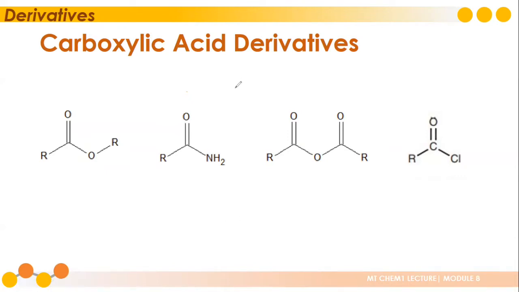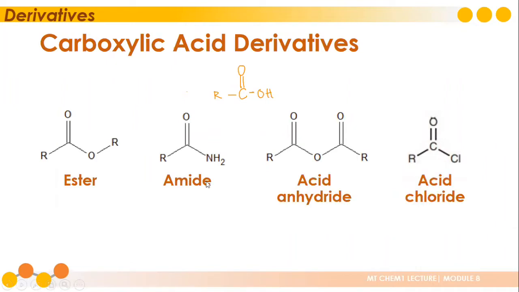So that we can compare these derivatives to the carboxylic acid functional group itself, let's write the carboxyl functional group, which is carbon double bonded to O for the carbonyl, and then we have a hydroxyl attached to our carbonyl carbon atom. Then we have here the rest of the molecule. Okay, so this is our carboxylic acid.